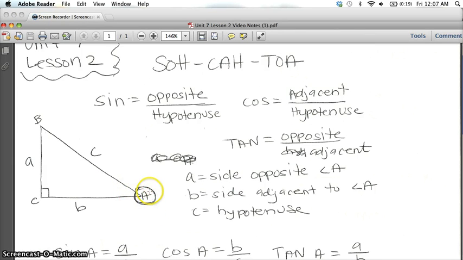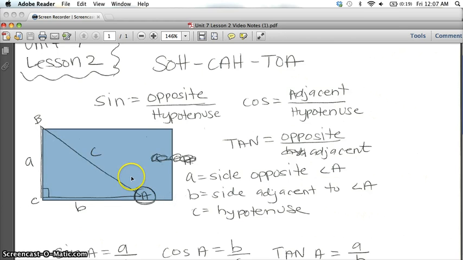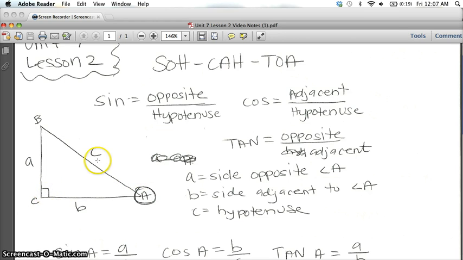Now, side A is the side that's opposite of angle A. Side B is the side that is adjacent to angle A. And side C over here is opposite of the right angle, so side C is your hypotenuse.